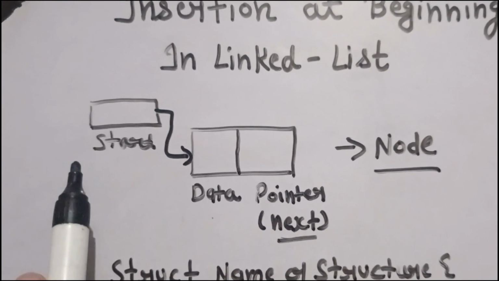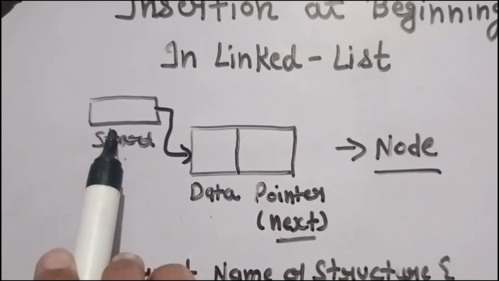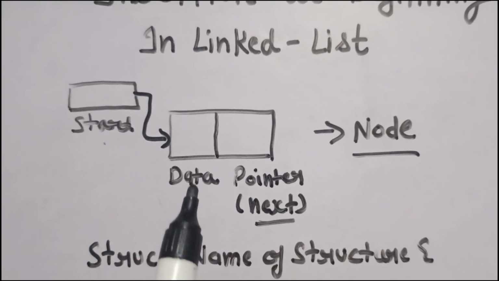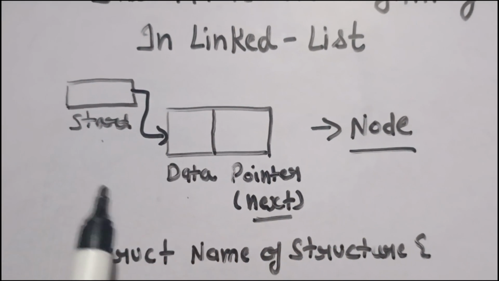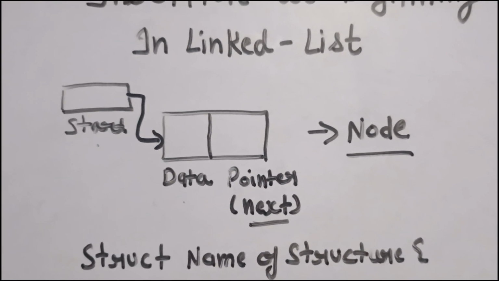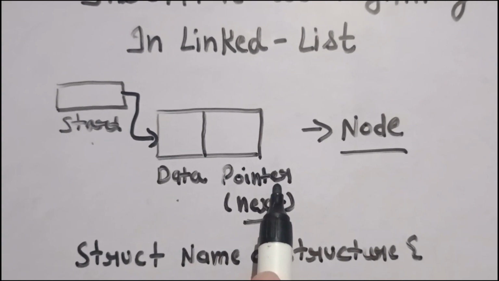We also have another pointer here, which is start, which is going to store the address of the first node. I hope it is clear to you what a node is. Basically, a node consists of two parts, data and pointer.